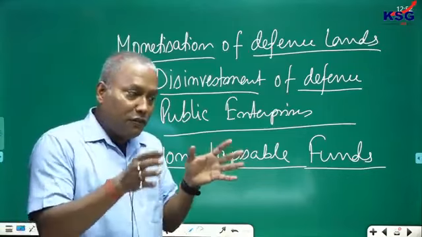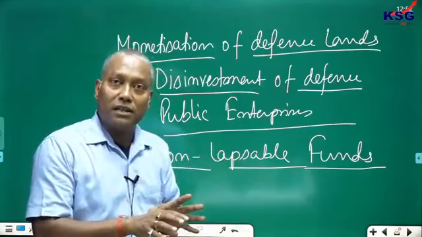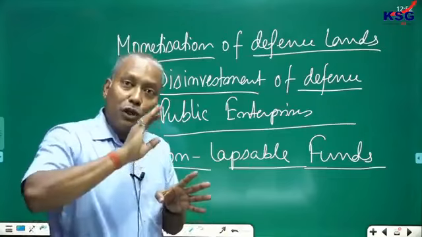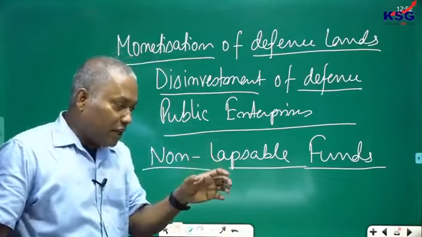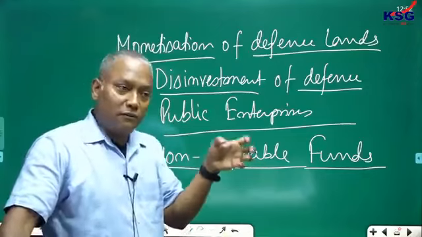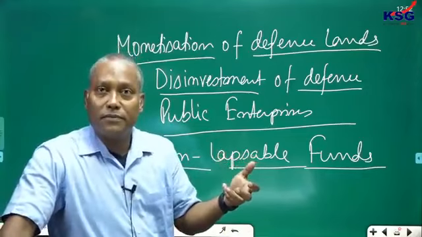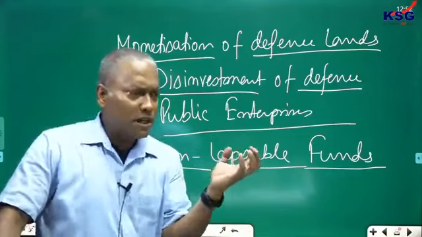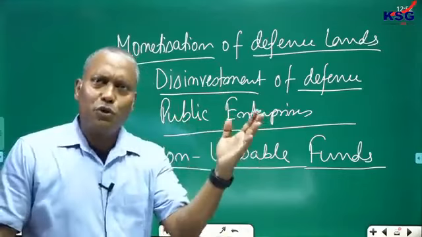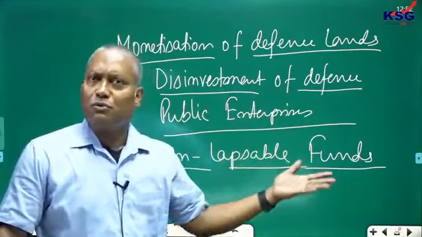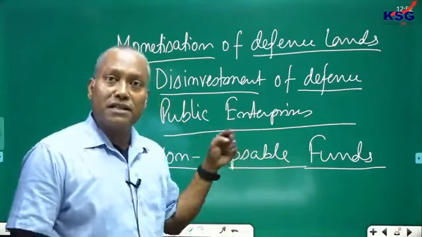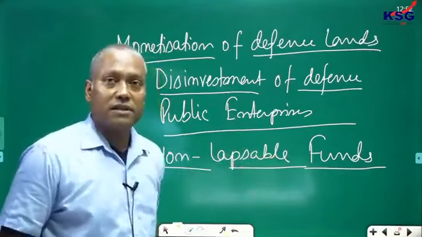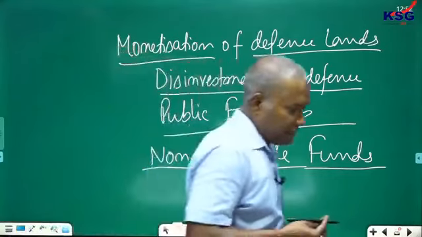Non-lapsable fund means if you are not using the fund in this particular year, don't worry, you can use it in the next year also. Every year if you allot some fund, that fund is going to accumulate, and when you need it, you can use it. So this Modernization Fund for Defense and Internal Security is a non-lapsable fund. Clear to all? Please write here.